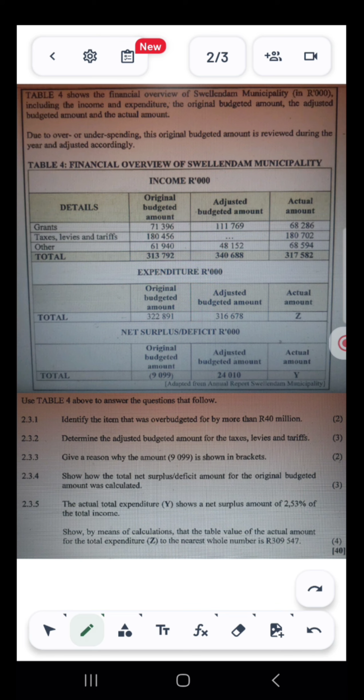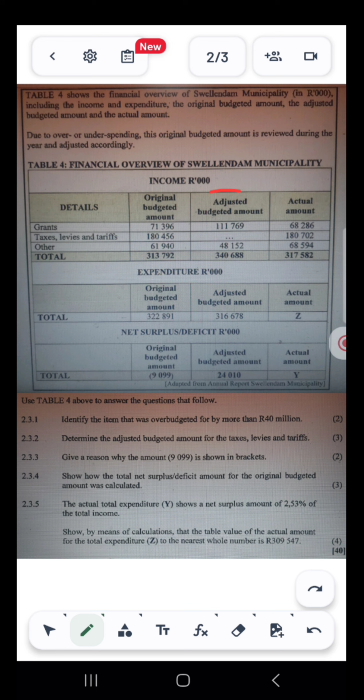Now, grants, the original budget was 71,396,000. Taxes and levies was 180 million 455,000, and then other is 61 million 940,000. So the original budget was estimating around 213 million 792,000, right?